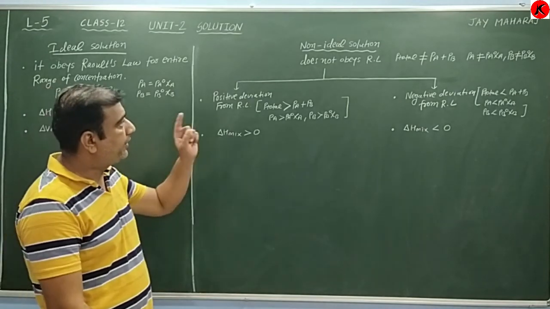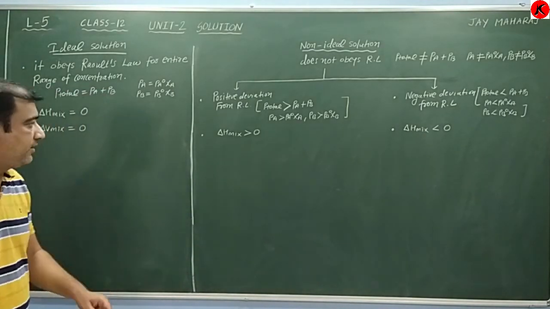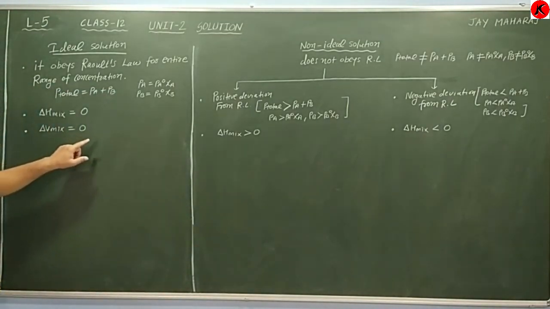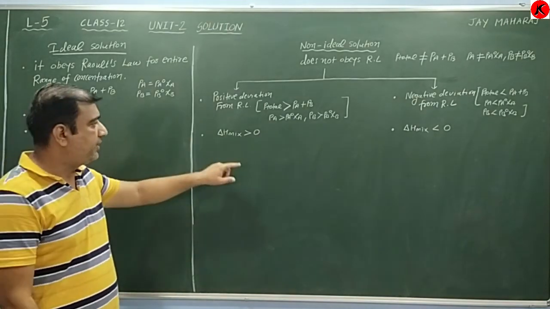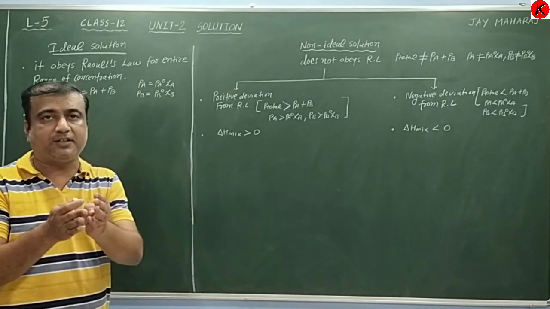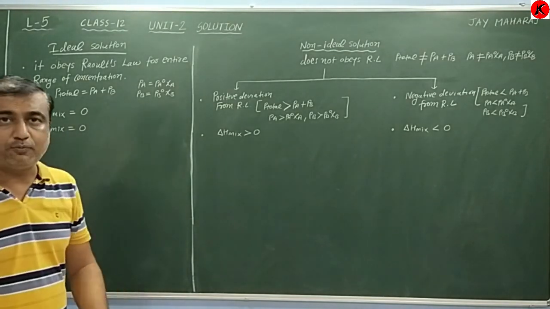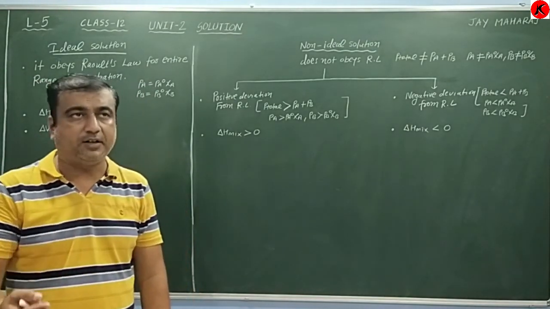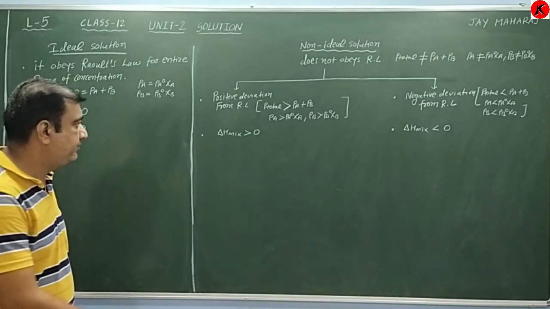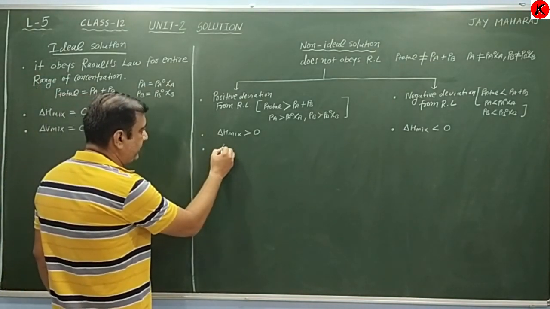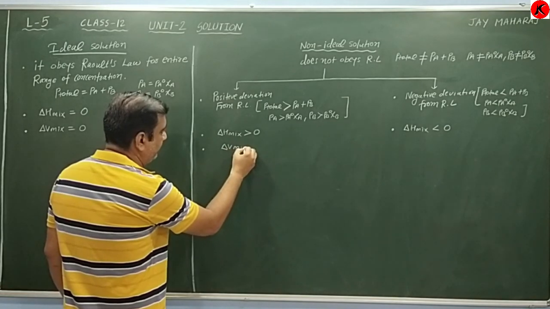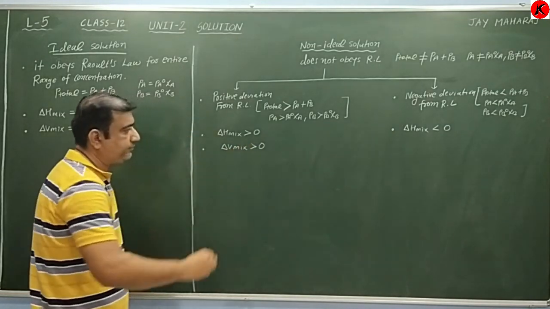Now non-ideal solution, here delta V mixing is not equal to 0. That means again two possibilities, greater than 0, less than 0.